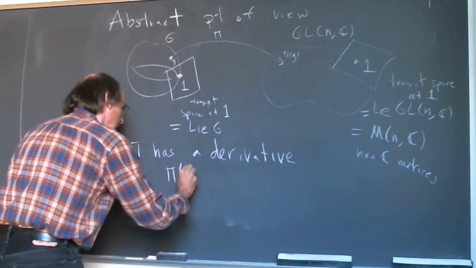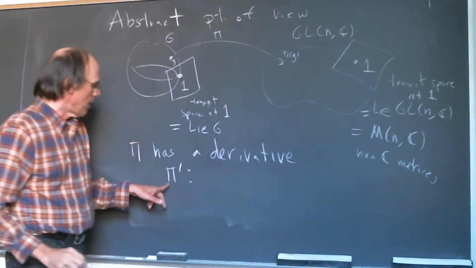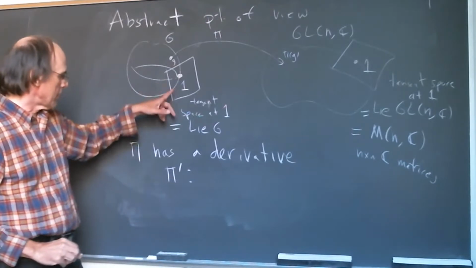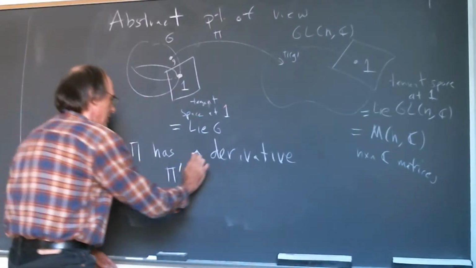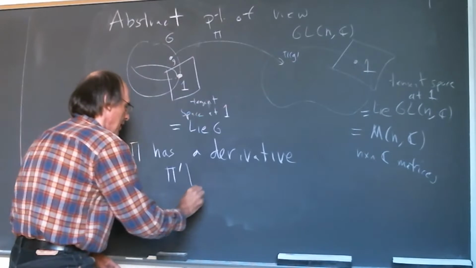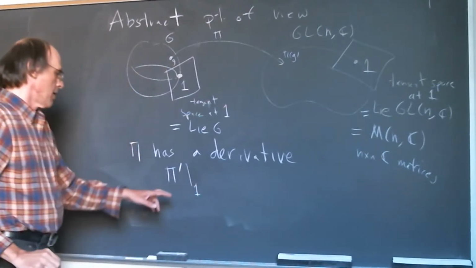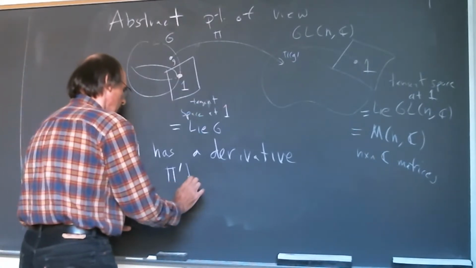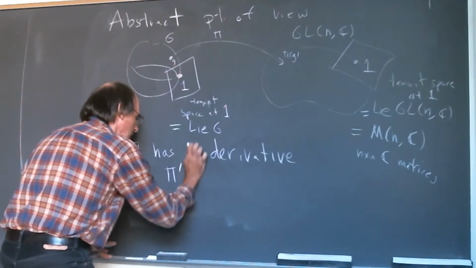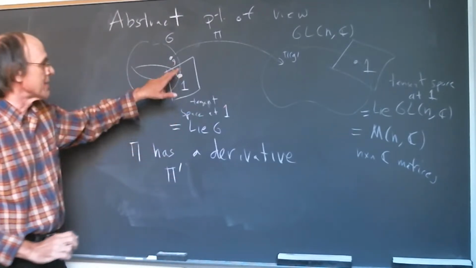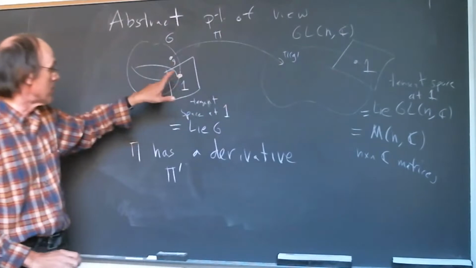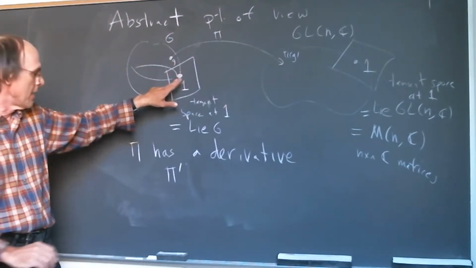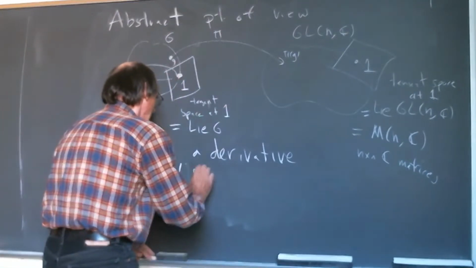Pi prime just takes tangent spaces to tangent spaces. In particular, you can look at the identity, and it's going to be a linear map.